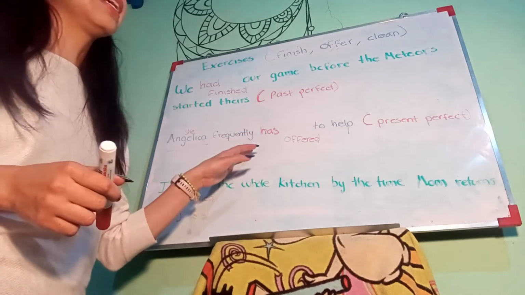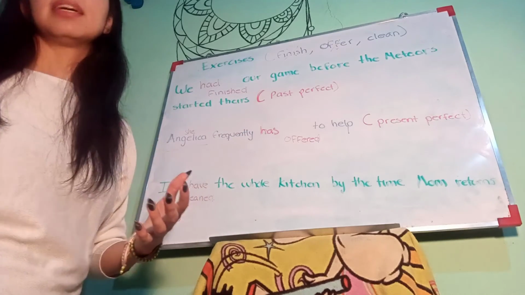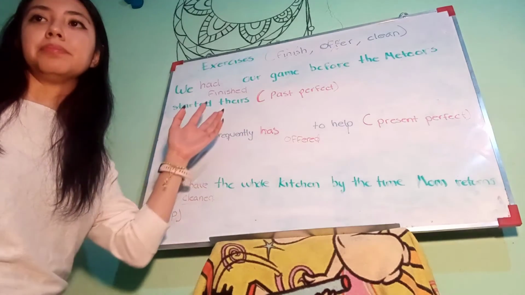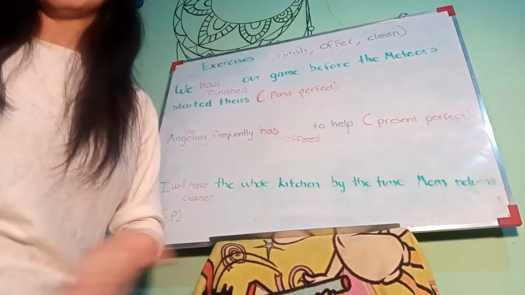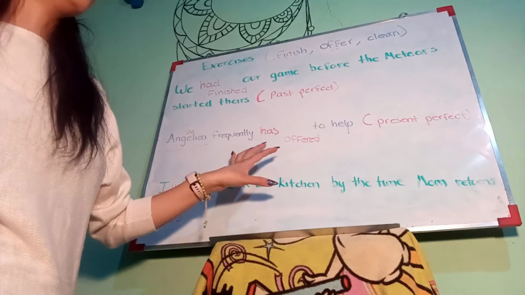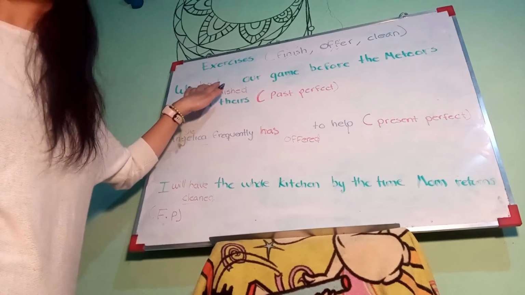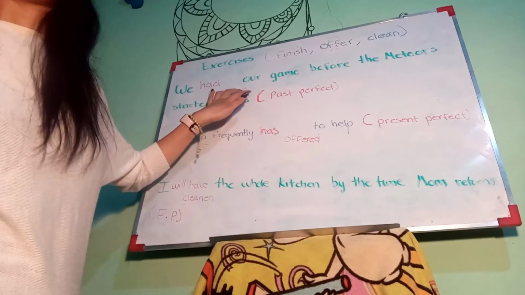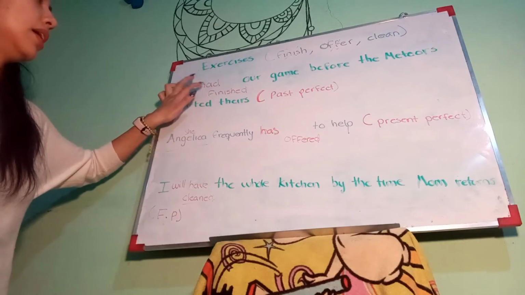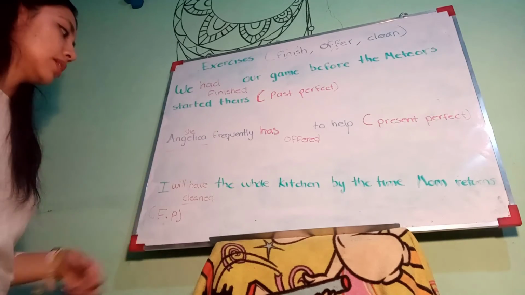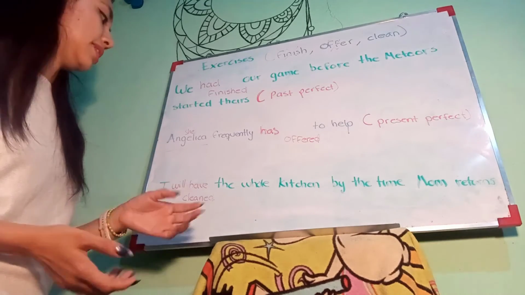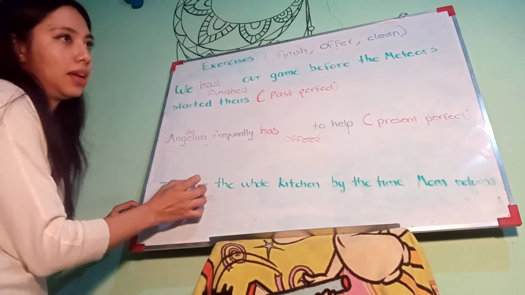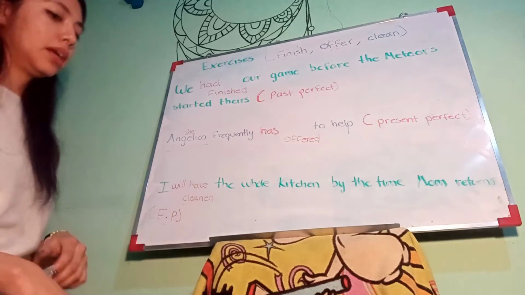And I can say that all the perfect tenses include a form of the auxiliary and the past participle. The auxiliary have, had, or has, or will have. But in all the tenses, we have the auxiliary have.